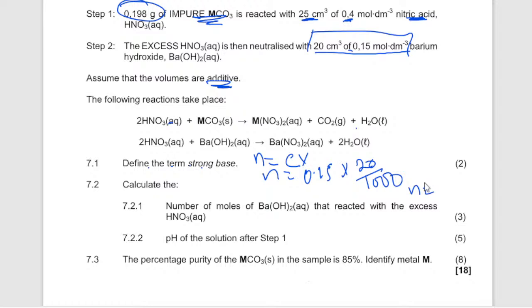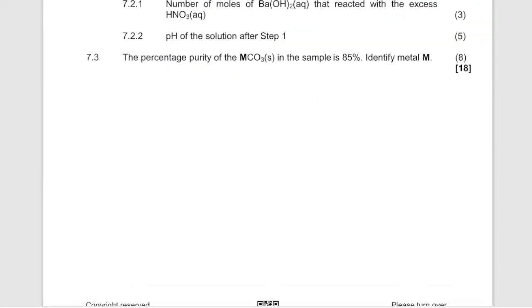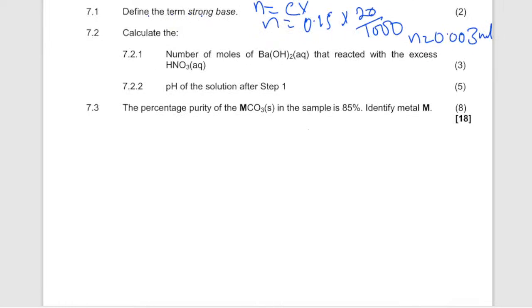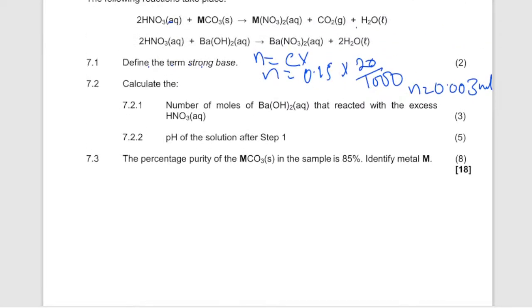Yes, I hope I calculated it. Yeah, it is equal to 0.003 moles. So that's how you can calculate the number of moles of that. And they're saying calculate the pH of the solution after step 1.